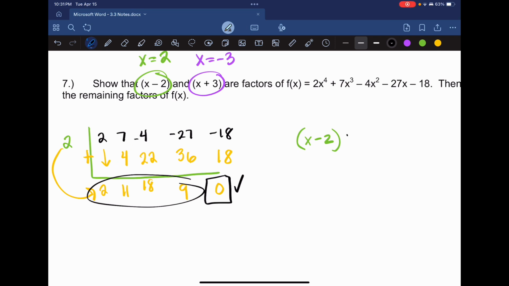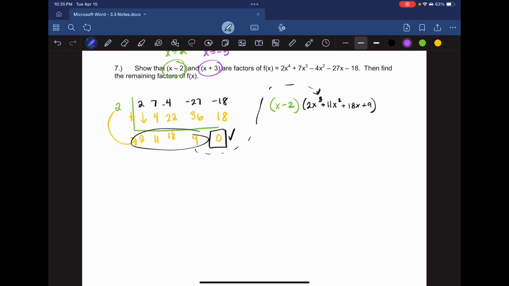So in other words, I have left over 2x cubed plus 11x squared plus 18x plus 9. Okay, and again, that comes from down here. I'm just adding letters to it now.